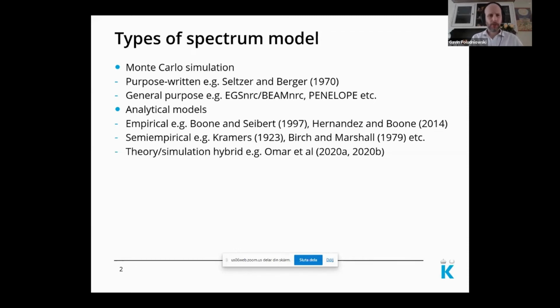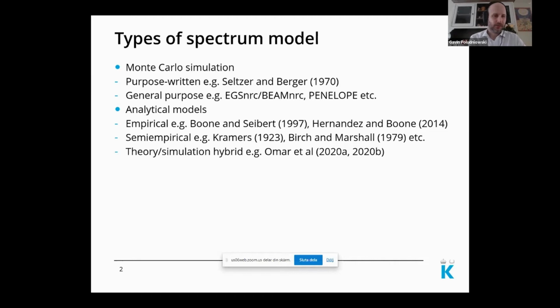A more common approach is what is generally termed semi-empirical, in that they're a mixture of theoretical and empirical results built into a simplified model that describes experimental measurements well enough. And then I would say a third approach is a kind of theory-simulation hybrid.